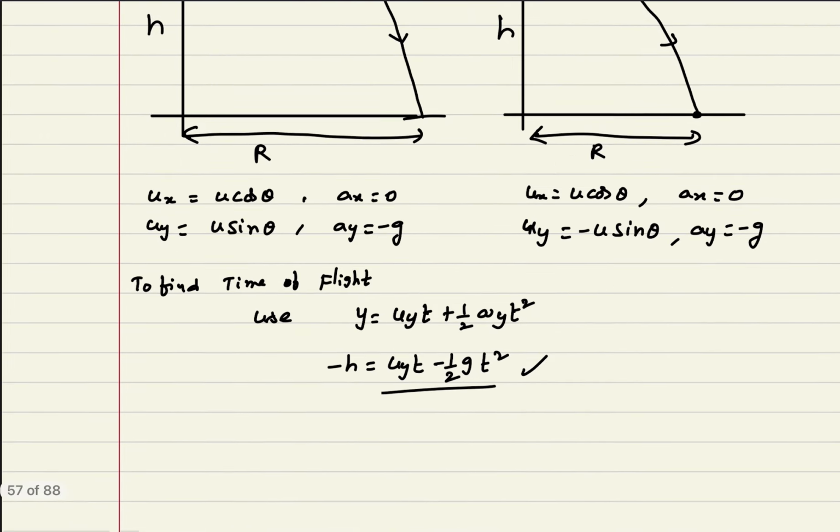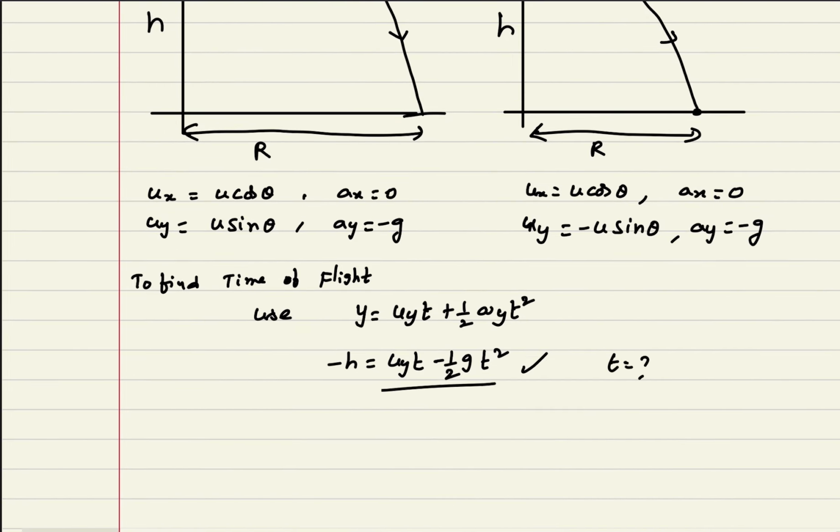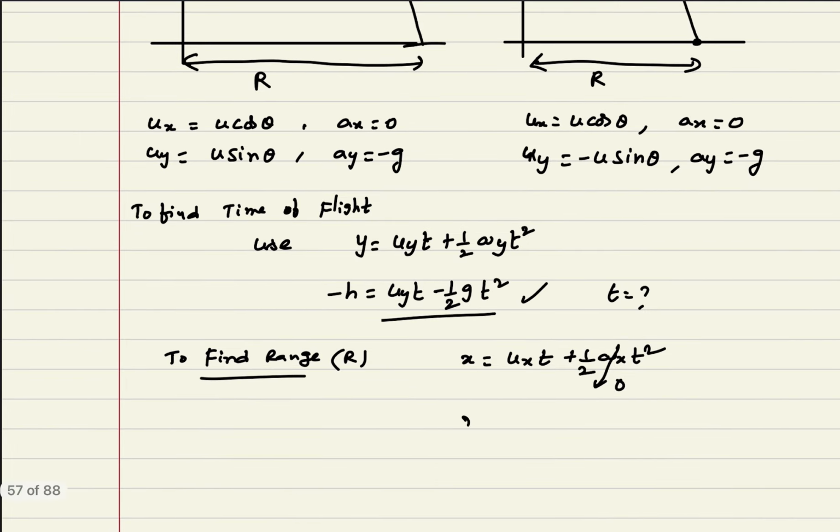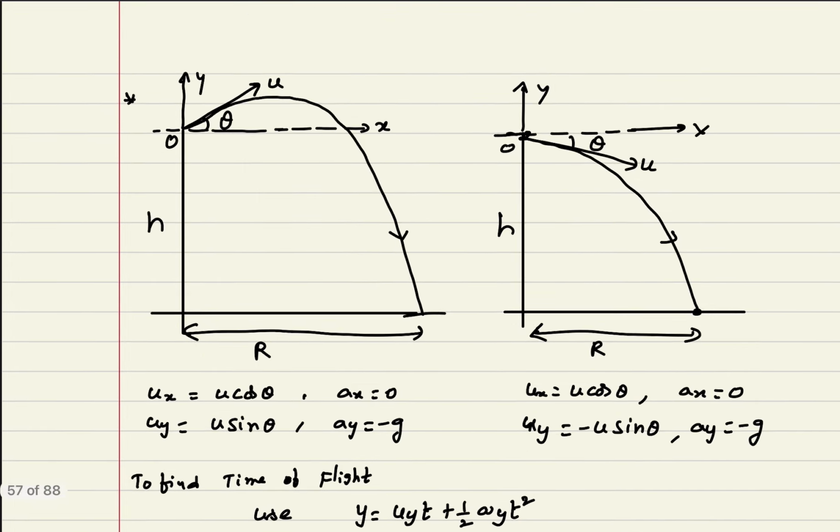So we have to use this relation to find time t. Next, to find the range r, you can use x is equal to ux into t plus half into ax into t squared. As ax is 0, x is equal to ux into the time taken t, that is equal to the range. In both cases, you can substitute the values and get the answer.